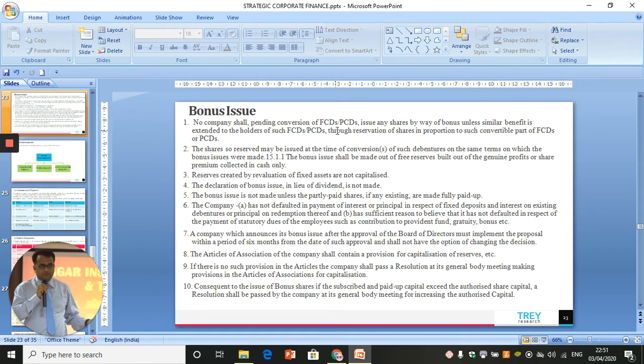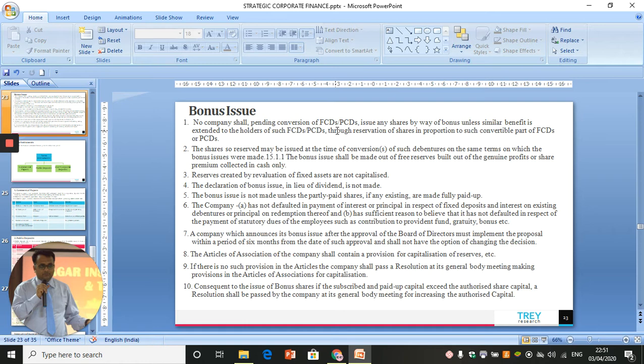So if you have any convertible debentures, you cannot issue bonus shares. If you are issuing bonus shares, then you will have to give the same facilities to the convertible debenture holders as well. What are convertible debentures? Debenture is a debt instrument.